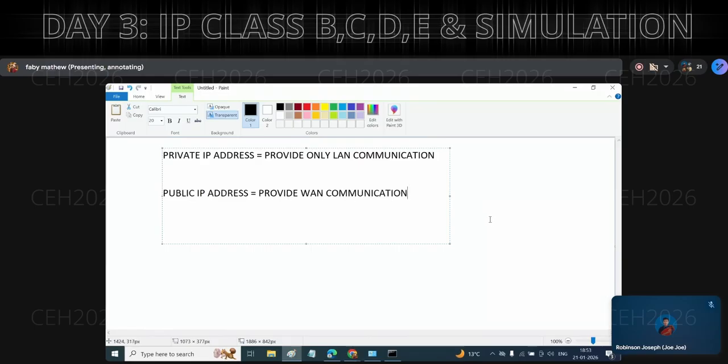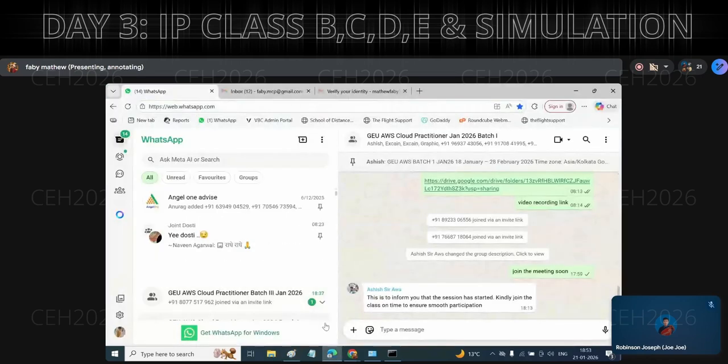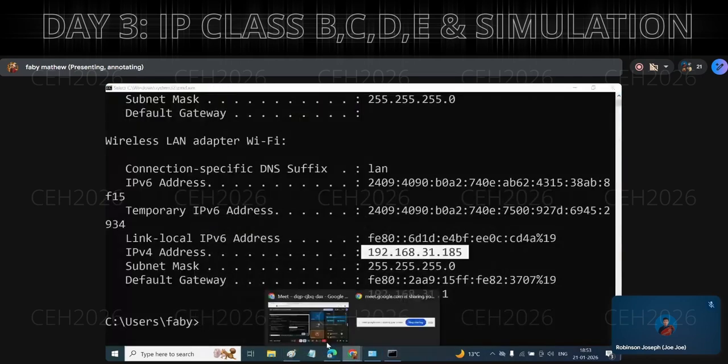LAN communication and WAN communication. So what IANA does is, IANA actually provided a range of private IP addresses. They actually provide a range of private IP addresses.